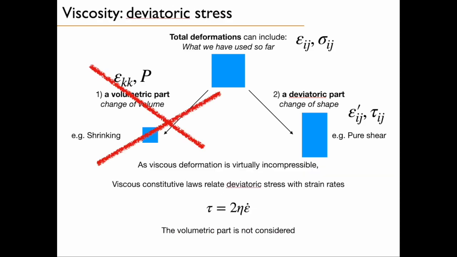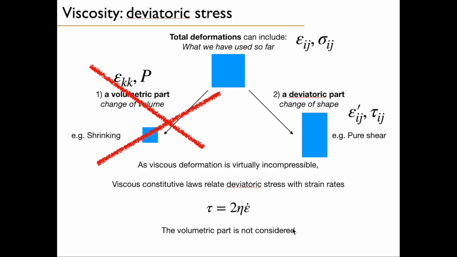In the case of viscous deformation, they are virtually incompressible, so we are going to cross out this entire part here, and the viscous constitutive law is going to be written in relation to strain rate. So the deviatoric stress will be related to the strain rate, and here we have the viscosity and the factor 2. The volumetric part, you see, is not addressed here.